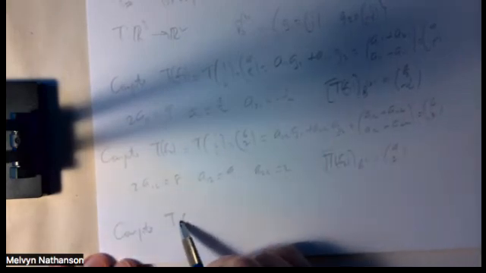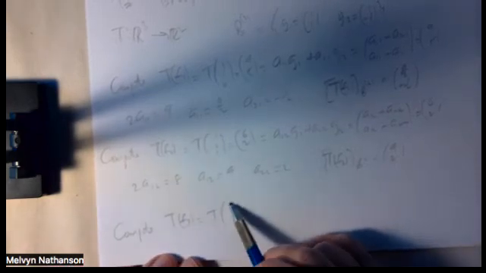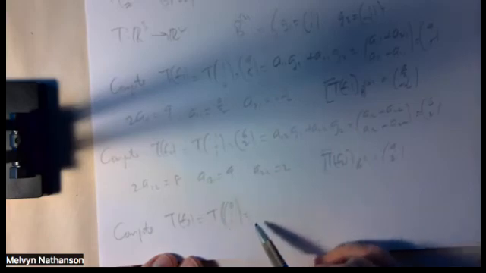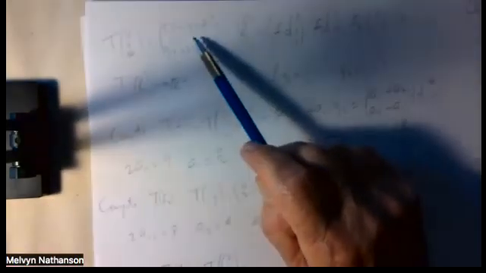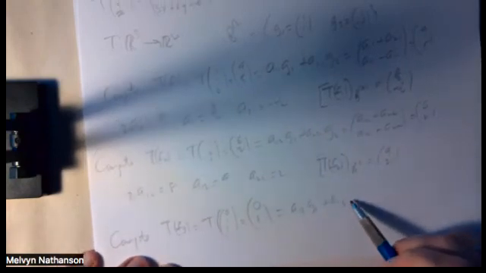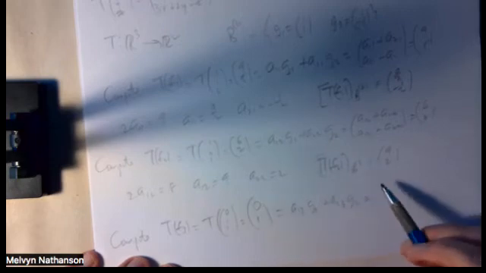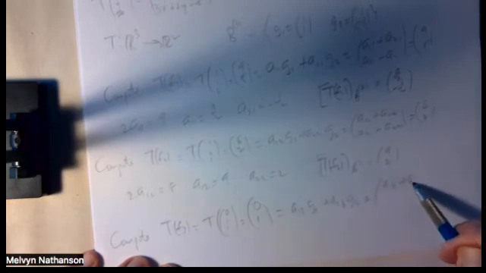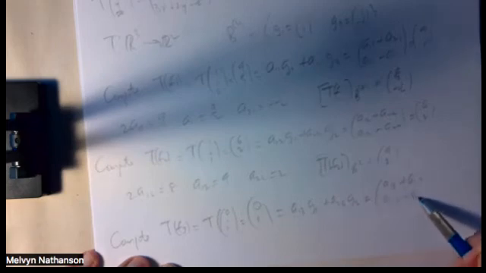I want to compute T of F3. That's T applied to the vector 0, 1, 1. So when X is 0 and Y and Z are 1, I get 0, 1. And I want to write this as A13 G1 plus A23 G2, which is A13 plus A23, A13 minus A23. This is going to be 0, 1.